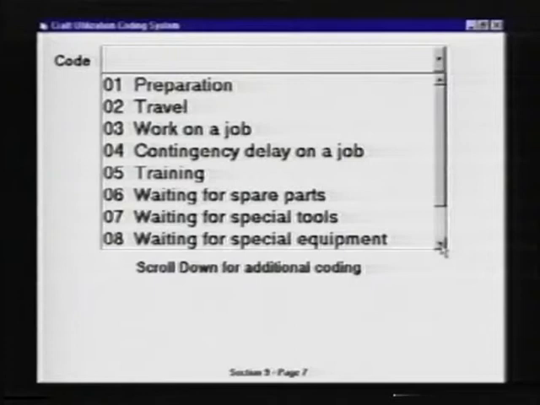The sum of the payroll time should be equal to the sum of all of the time utilized by craft personnel.